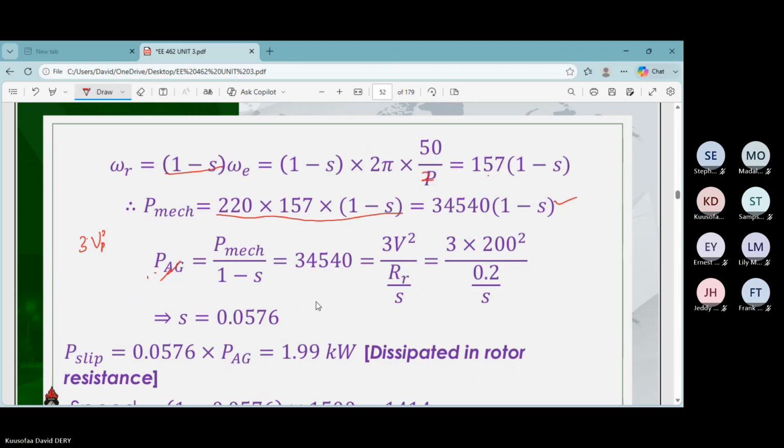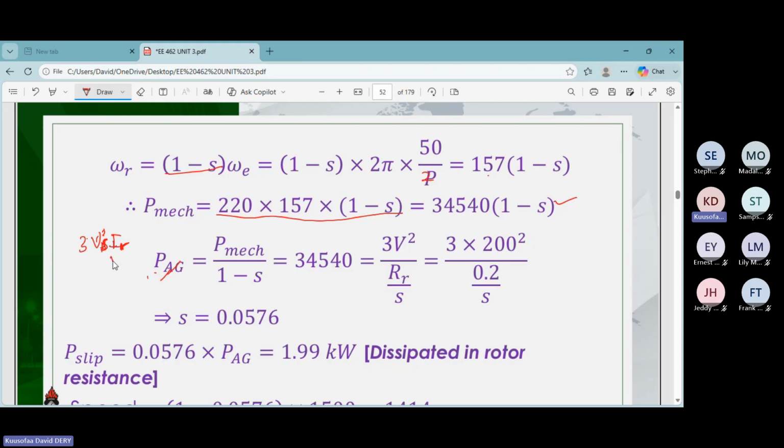So what are we going to have? We are going to get, it's given by 3 Vs IR. So this is what we will have. So what is IR?